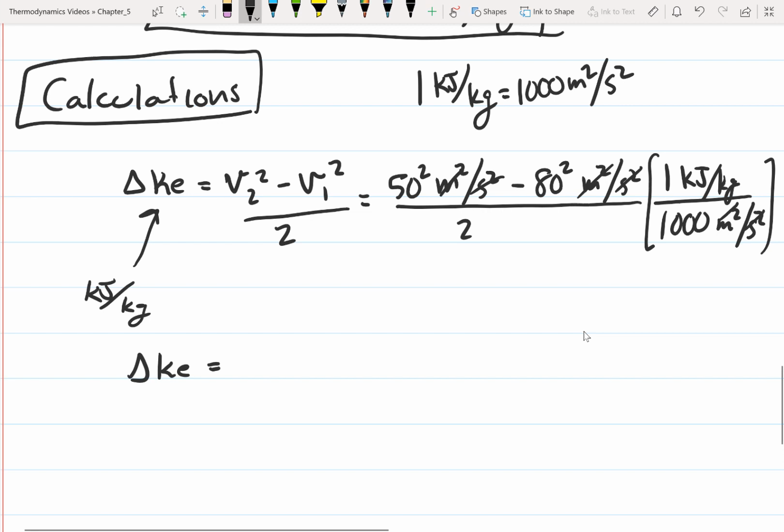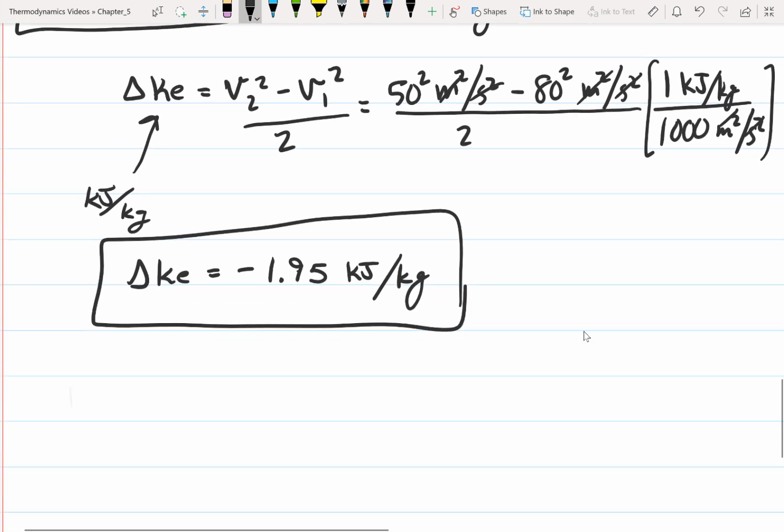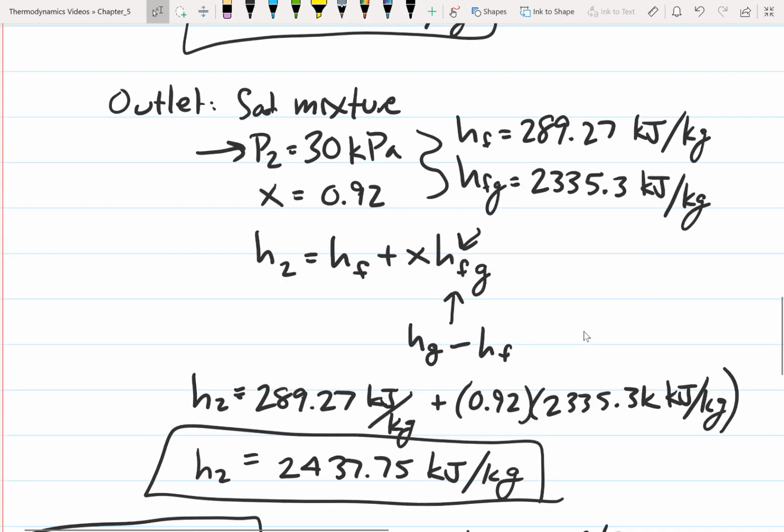So the change in kinetic energy is equal to negative 1.95 kilojoules per kilogram. So that's our change in kinetic energy. Now we want to solve our energy balance.